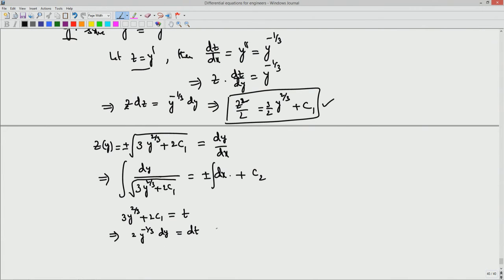Okay. So, this will give me this integral, as I can write dy as dt by 2 times y power 1 by 3. So, from this you can get your y power 2 by 3 equal to t minus 2 C1 by 3. Okay. So, this square will give me 1 by 3.